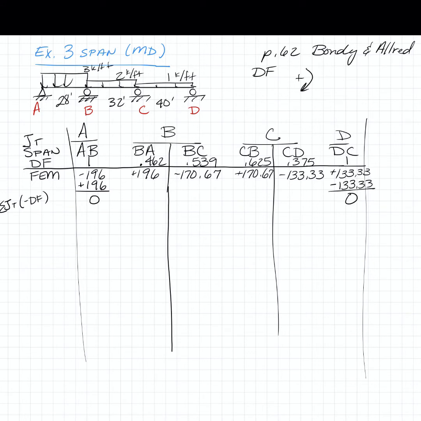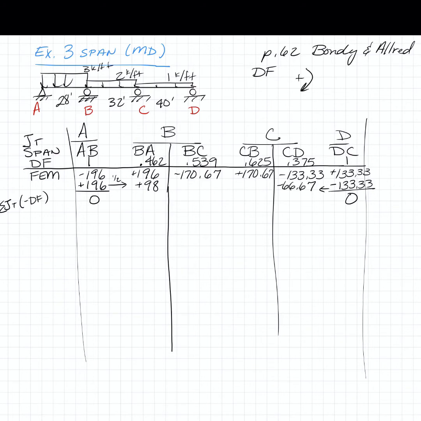And then those two joints are done and balanced, so we won't go back over there. We do need to go ahead and carry over. Carry these guys over. I didn't leave myself much room here. But this half of 196, remember 1/2 is 98. And over here, half of this is negative 66.67.